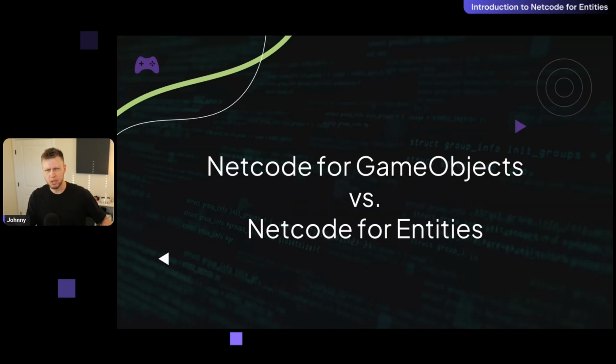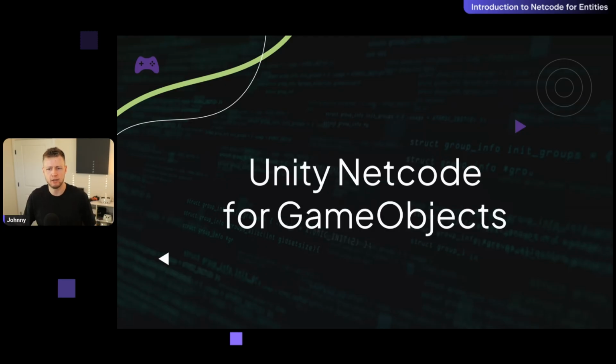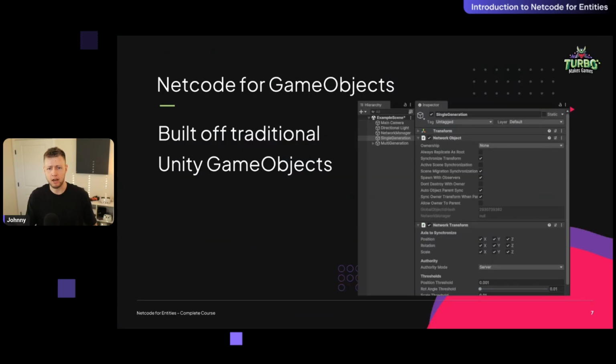But just to anchor this talk, I want to do a quick comparison between Netcode for GameObjects and Netcode for Entities, to go over the two higher level APIs that Unity provides. Starting with Netcode for GameObjects, as the name suggests, it's built off of Unity's traditional GameObjects, and so things are all managed through regular MonoBehaviours.